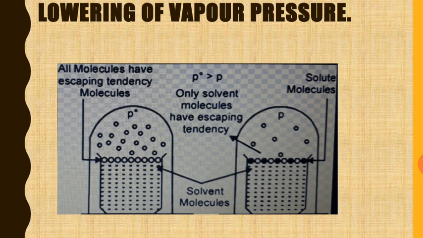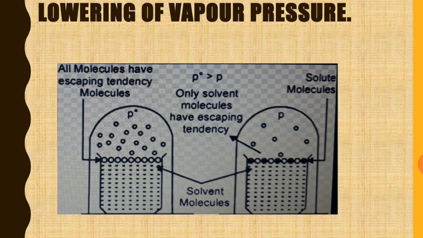Now solute molecules do not vaporize and also do not allow solvent molecules to vaporize and go into the air. That's why if we compare the left hand and right hand side of the diagram, you will see the difference. The left hand side has more vapor while the right hand side has less vapor.